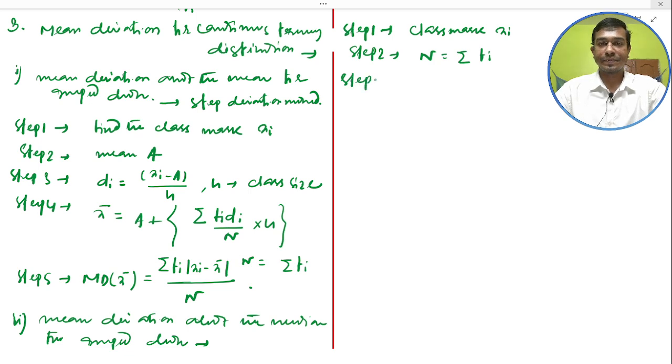Step 3: the median class is the class interval whose cumulative frequency is greater than or equal to N by 2.